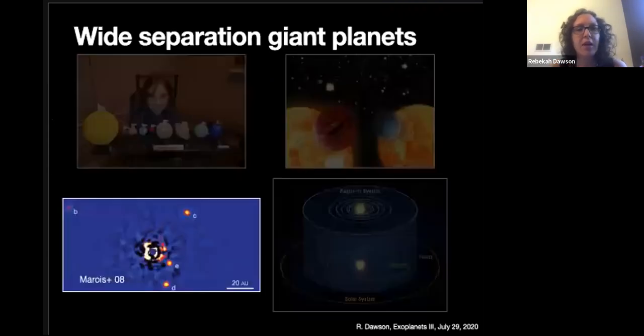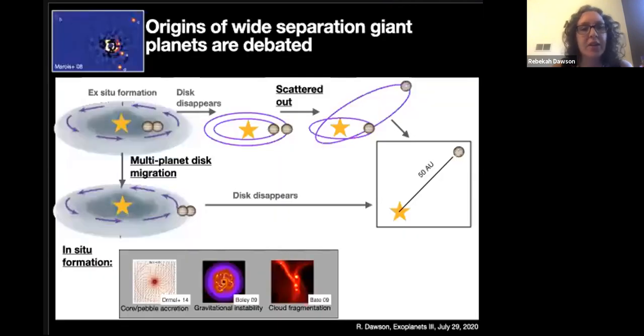So let's now move on to wide separation giant planets at 30 or 50 or even 100 AU. These planets, we also debate their origin. So here's a diagram that's kind of similar to the one I showed before of how you could get a giant planet out at 50 AU.